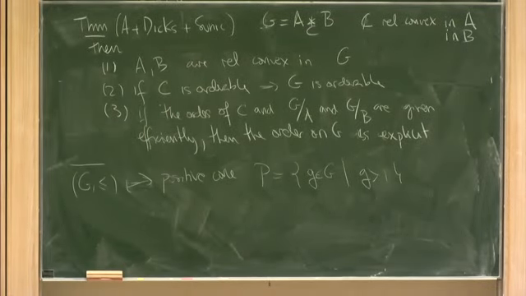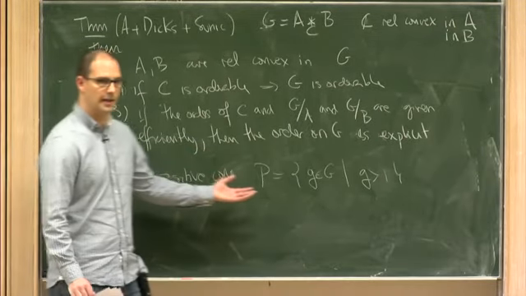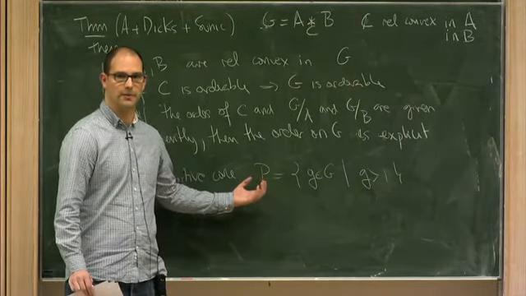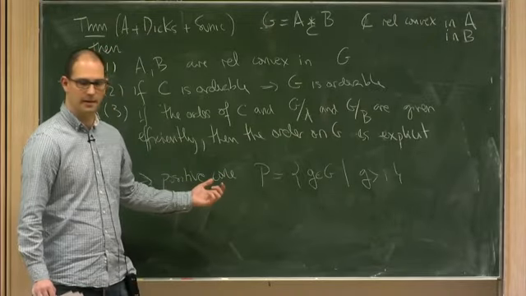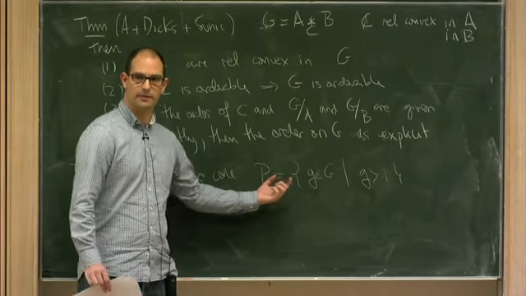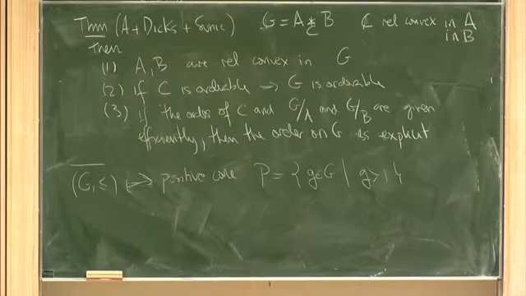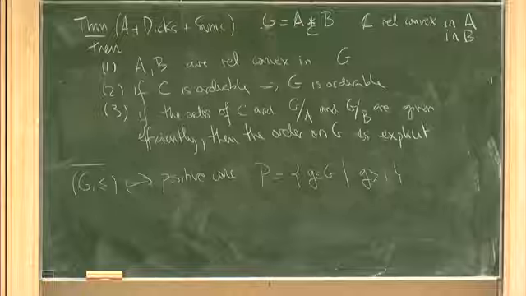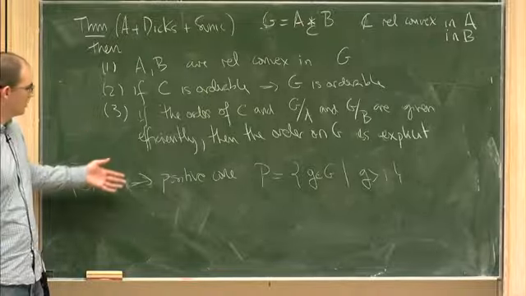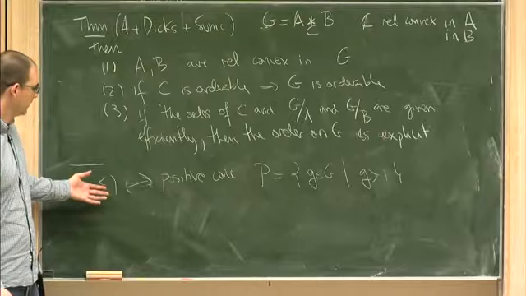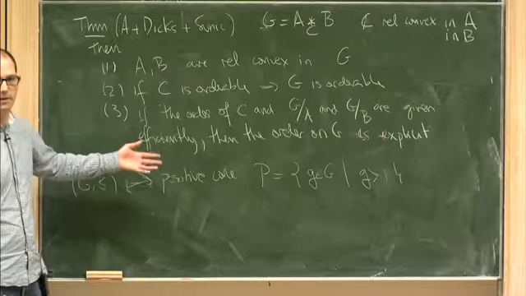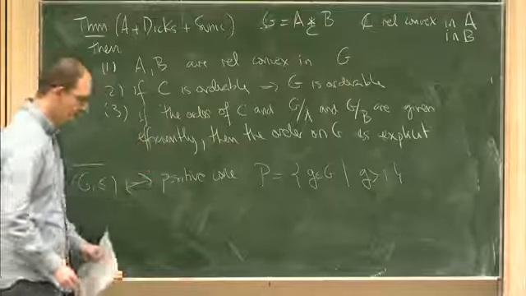So giving an order is the same thing as giving a positive cone. And a positive cone has to be closed under multiplication by itself. And P union P inverse union the identity has to be the whole group. So you can think it's as difficult to give the order as it is to describe the positive cone.